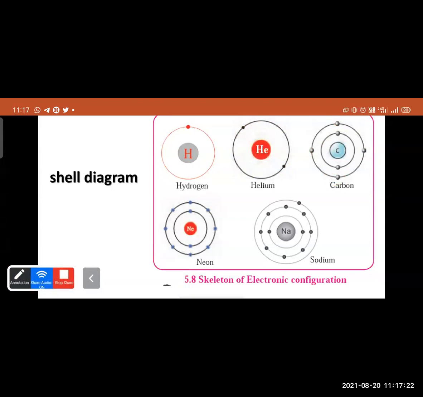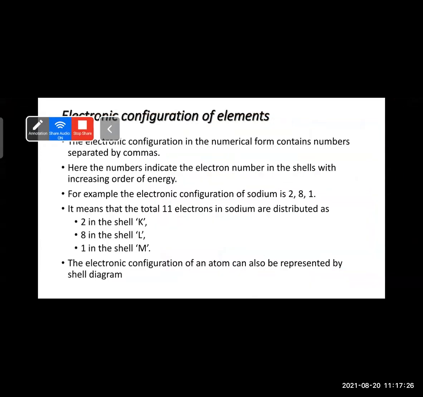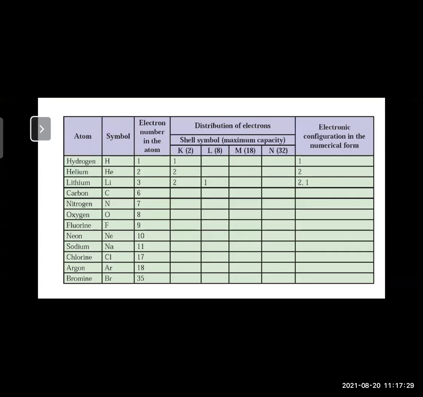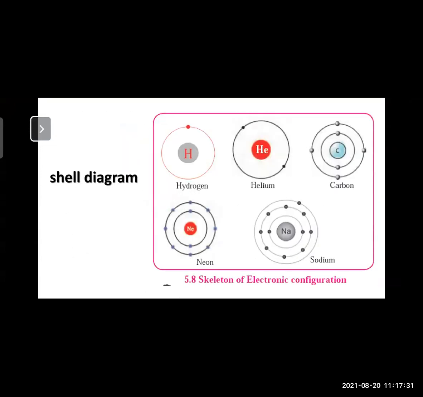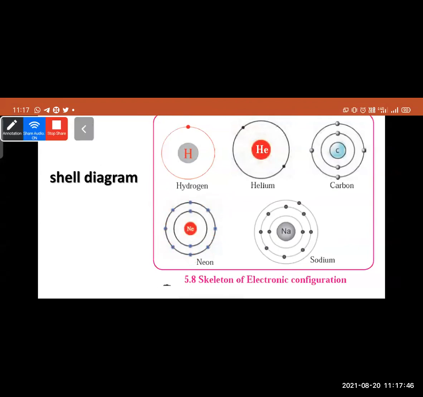In case of neon, the first orbit will have 2 electrons and the second one will have 8 electrons.